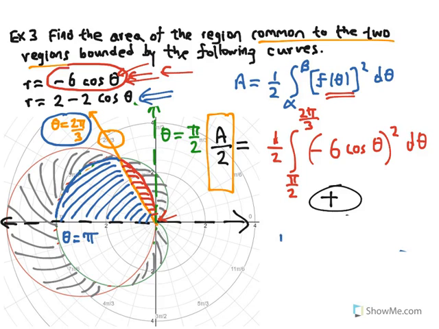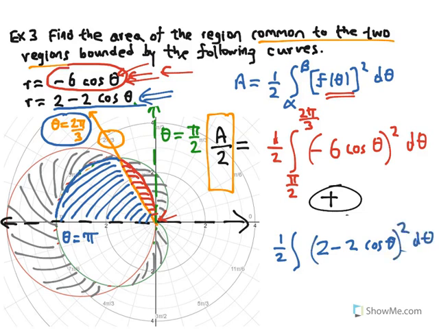So we're going to write 1/2 times the definite integral. You will notice that the blue region is bounded by the graph of the polar equation r is equal to 2 minus 2 times cosine theta, so that's going to be the integrand, 2 minus 2 times cosine theta, and of course you have to square it.